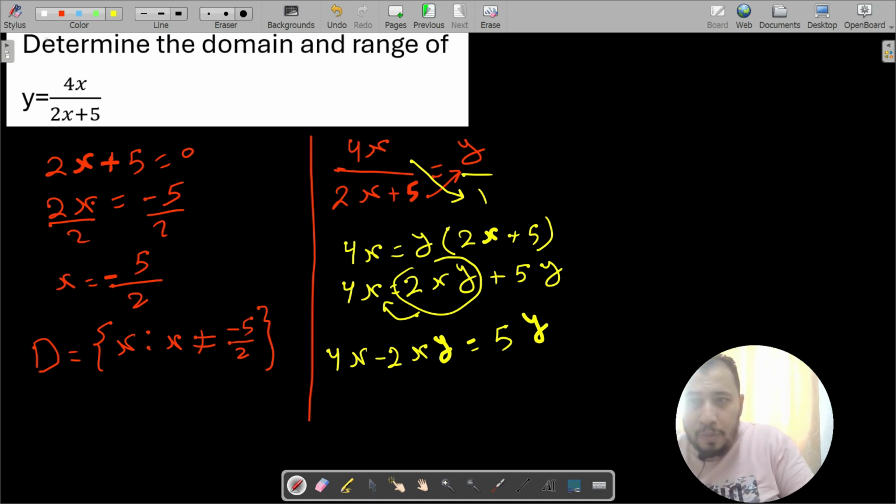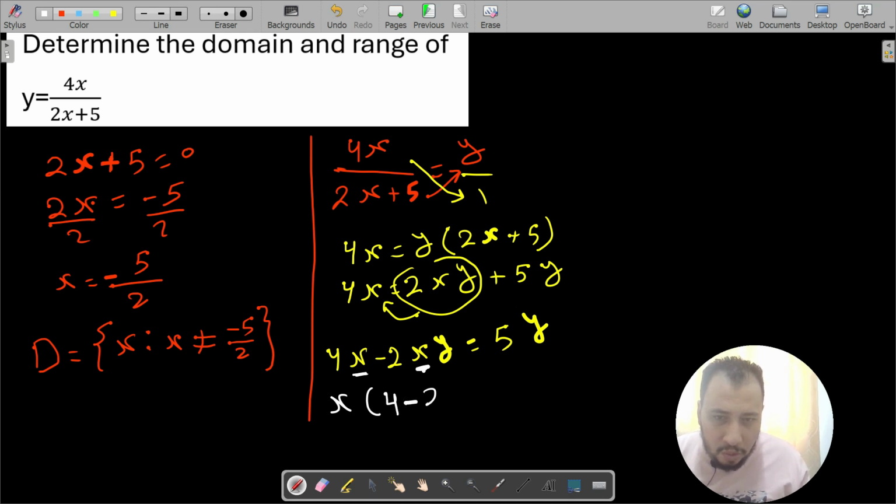If you have the variable you want more than once, the idea is simple: take this variable as a common factor. So x is going to be the common factor. I will have 4 minus 2y equals 5y. To get x as the subject, remember that x is multiplied by that, so you will divide by this bracket. Divide by 4 minus 2y on both sides.